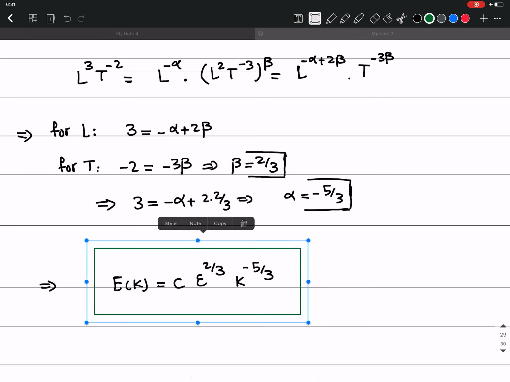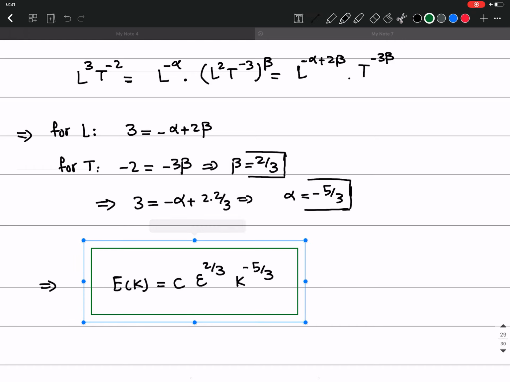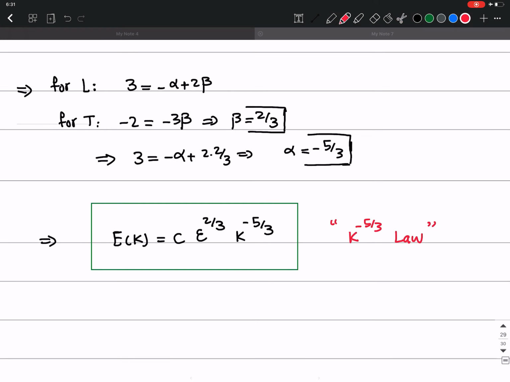This is a very famous equation in turbulence, and it's known as the k to the minus 5/3, or sometimes just the 5/3 law or rule, the Kolmogorov rule. And it shows the relation of the energy spectra in the inertial subrange with the wave number, which is very much studied. So this C is sometimes called the universal Kolmogorov constant.